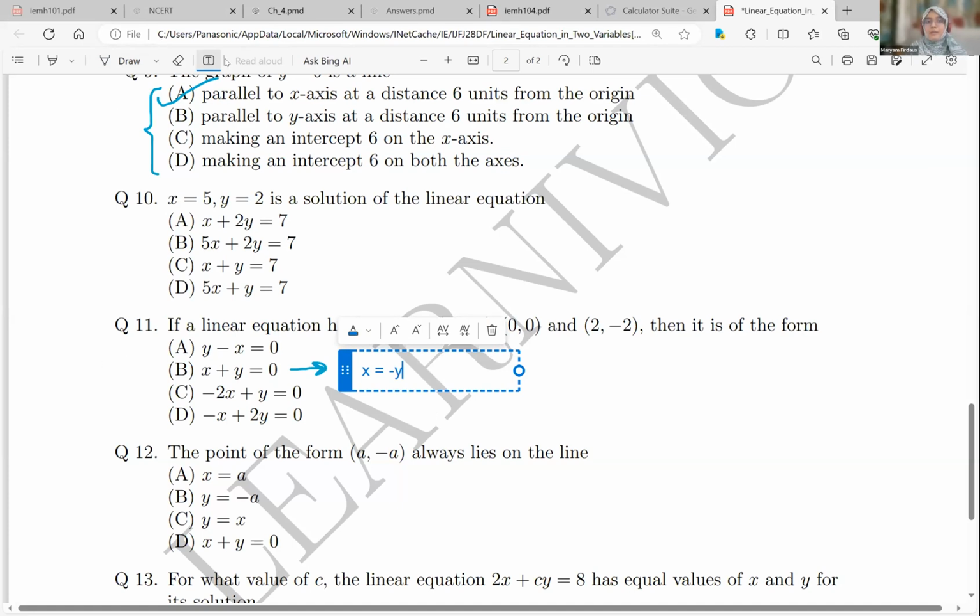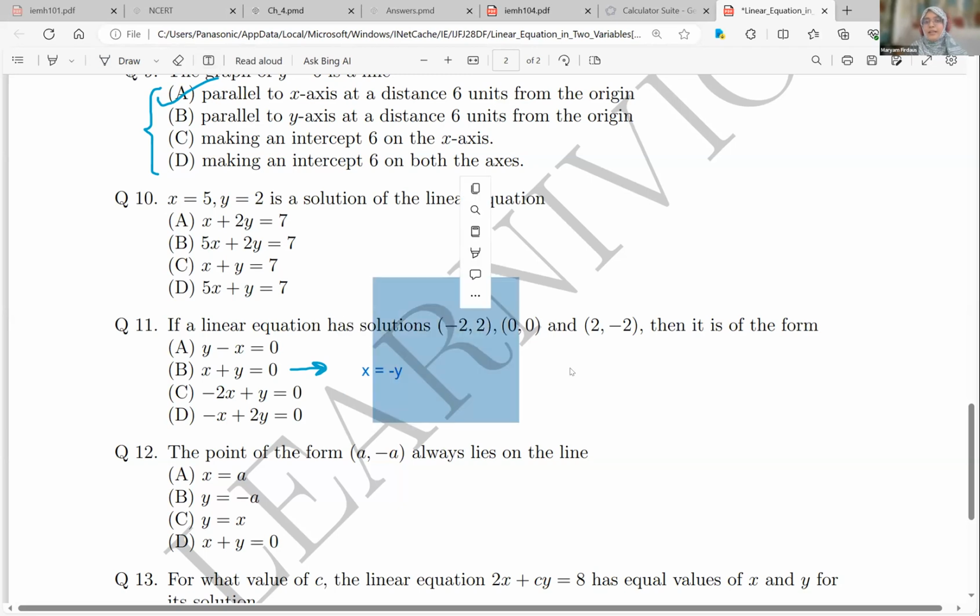So x equals minus y means that the x coordinate and the y coordinate have to be negative of each other. If x coordinate is -2, then y coordinate will be +2. If x coordinate is 2, then y coordinate will be -2. Is this clear? Why is it B?